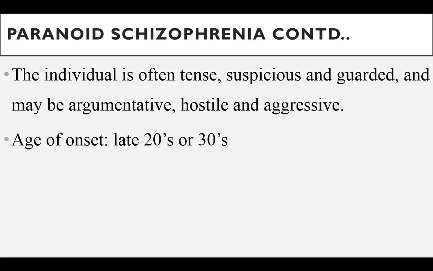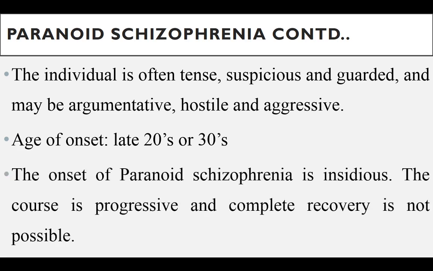Now, paranoid schizophrenia can start in the late 20s or 30s, and usually it is insidious in onset. Remember, when you take the history, you see whether the incident is abrupt in onset, or slowly insidious in onset.